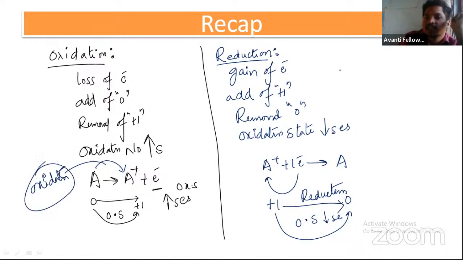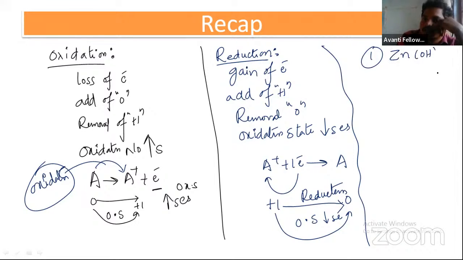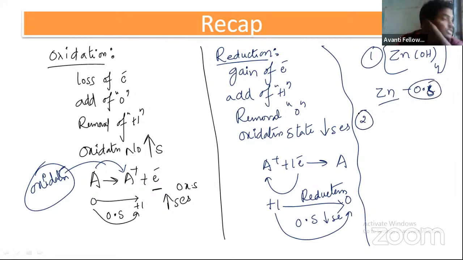मैं आपको कुछ एग्जांपल दे देता हूं. I would like to find the oxidation state of zinc in [Zn(OH)4]2-. Second one, CrO5, इसमें क्रोमियम का ऑक्सीडेशन स्टेट.